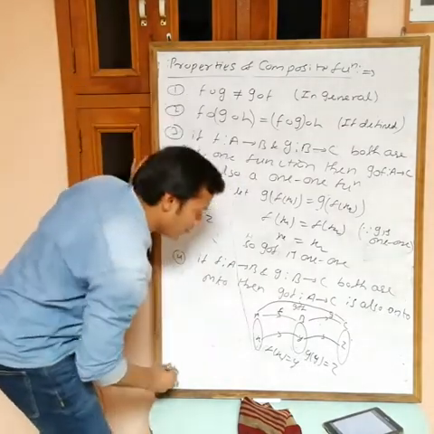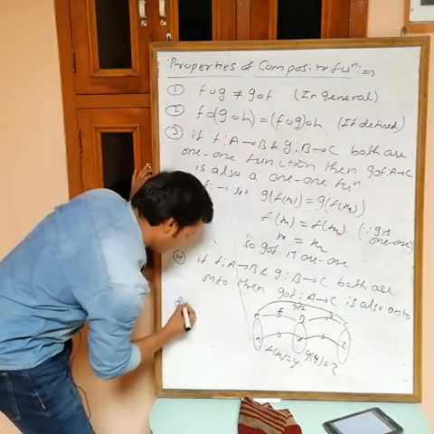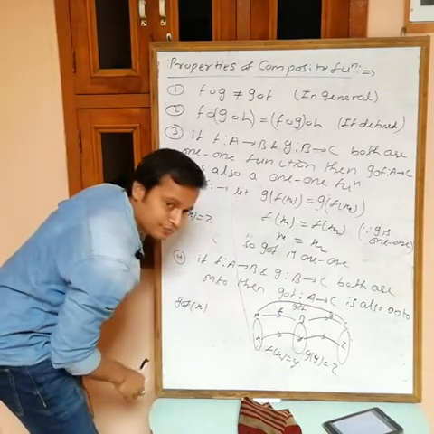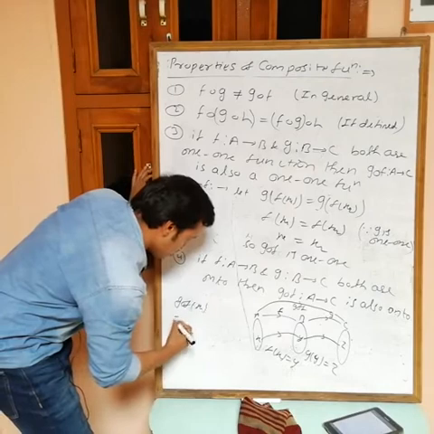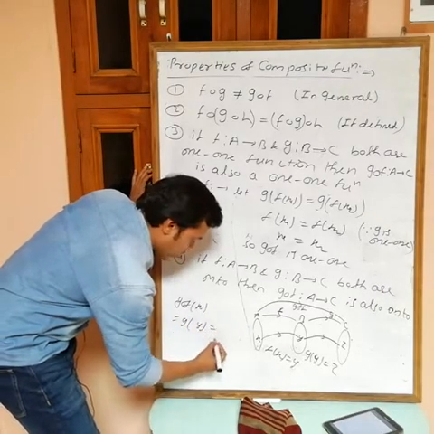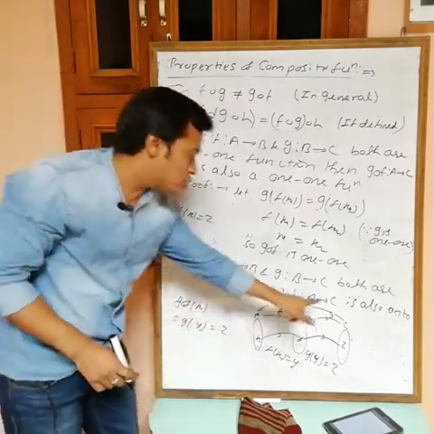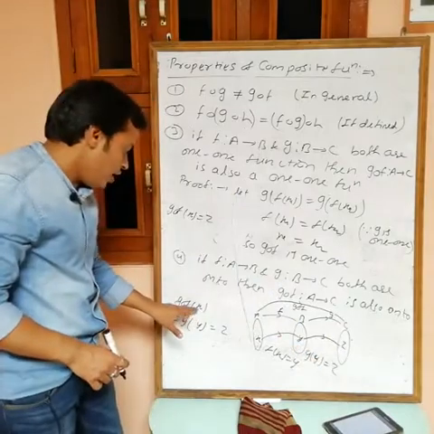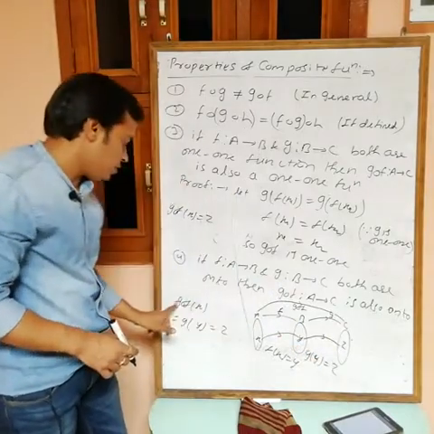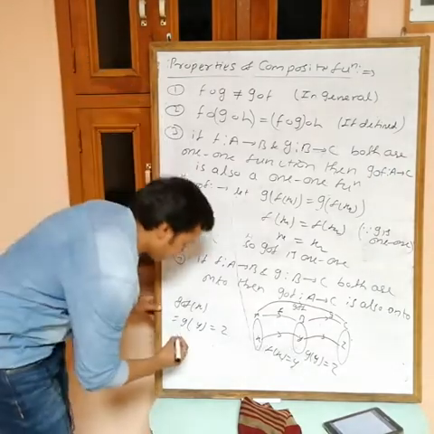Now find the value of gof(x). gof(x) is g of f(x), f(x) equals y, and g(y) is z. So for every z belonging to C, we have one x in A such that gof(x) equals z.